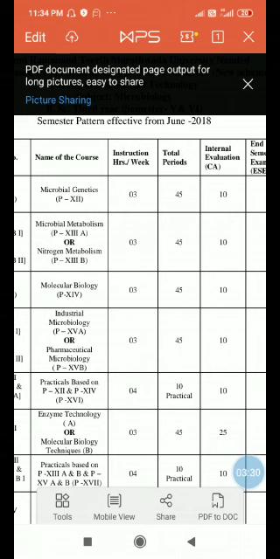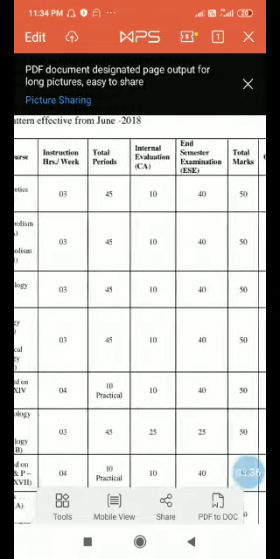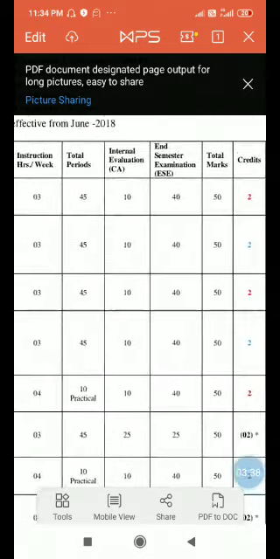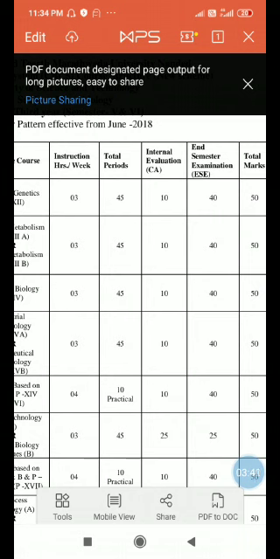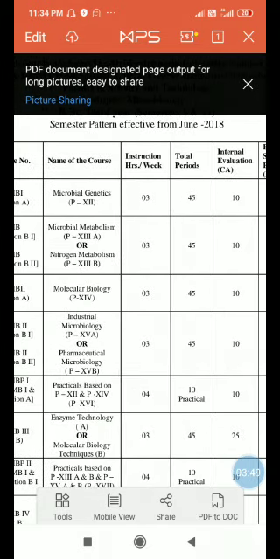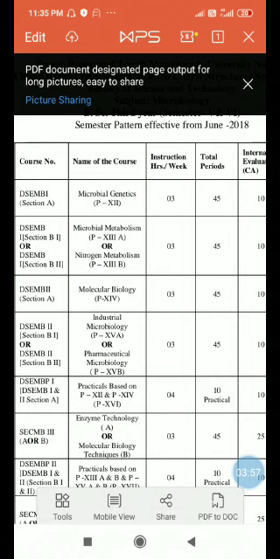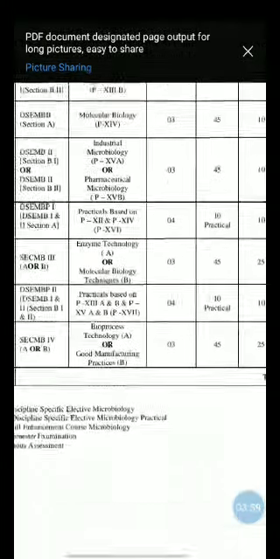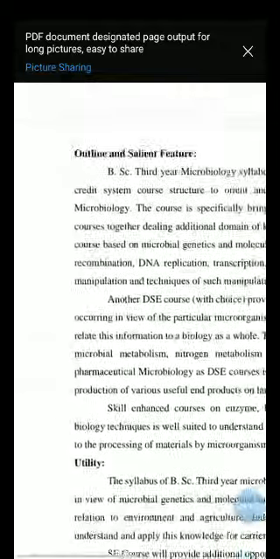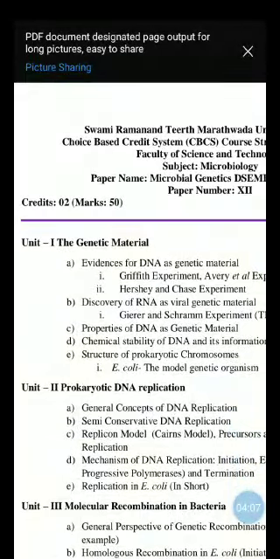Same pattern for microbial metabolism also, 10 plus 40 is equal to 50 marks. It means that 50 marks are for each paper. This is the marks criteria about the papers. Let us see the detailed syllabus of paper number 12 and paper number 13.